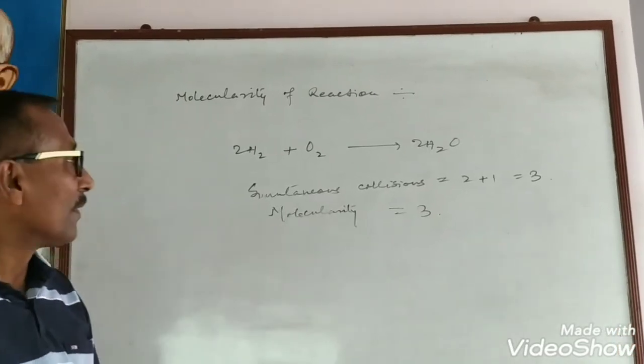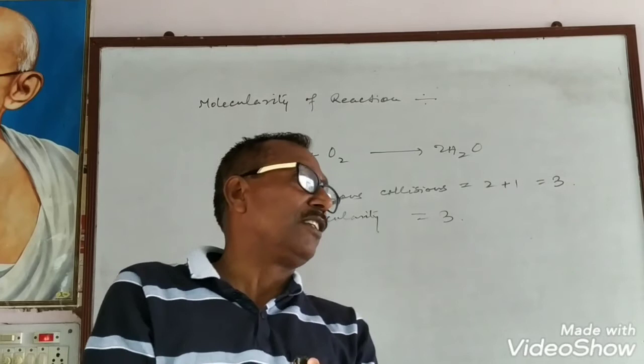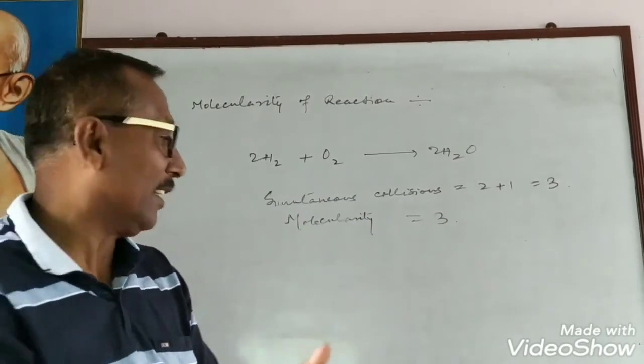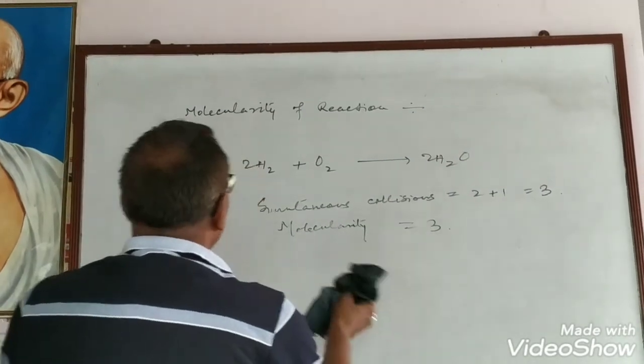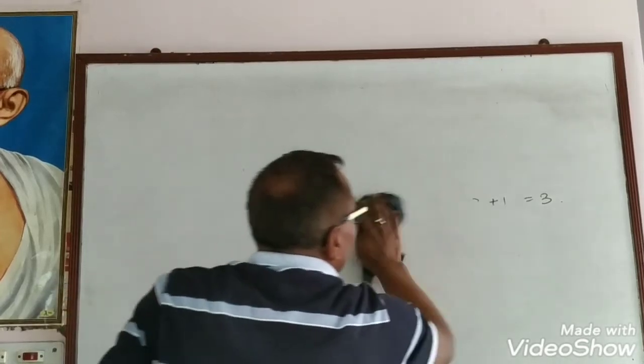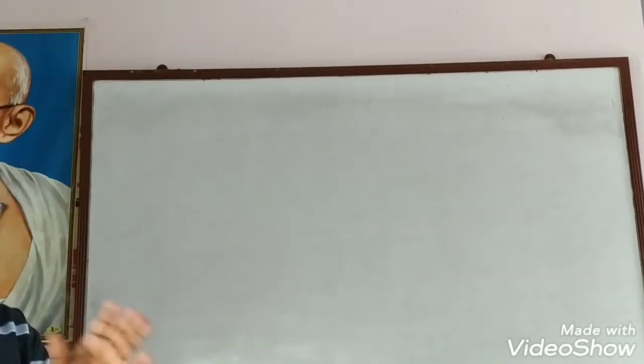That's why it has been observed that simultaneous collision is not more than 3. This has been observed. So sometimes the reaction is taking place in more than one step.